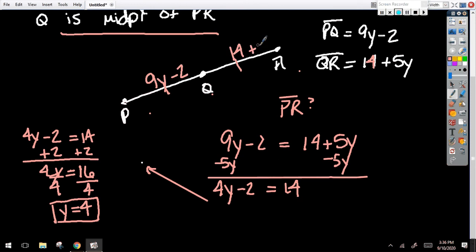So I have 14 plus, I'm running out of room, I'm sorry guys, plus 20, which is 34, right? And they should be the same because Q is the midpoint. So that's perfect that that came out that way. So the length of the whole would be 68.